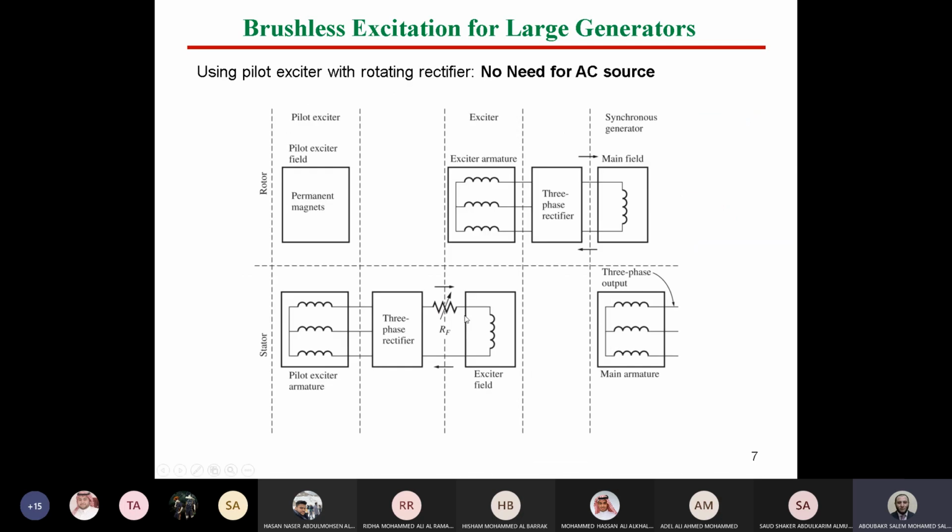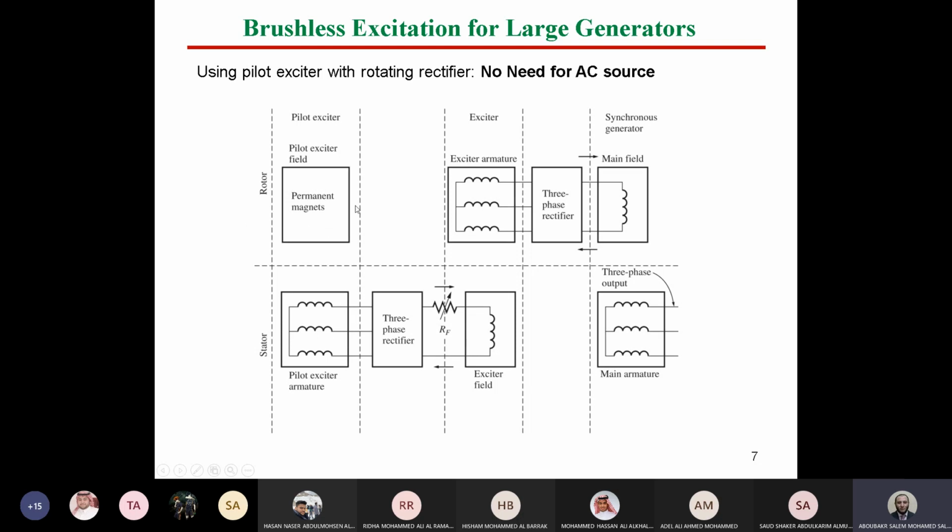So by means of permanent magnets fixed on the rotor side, it will rotate and generate induced voltage on this pilot exciter armature winding. After that, we can take this three-phase supply, convert it by means of a rectifier, and continue the excitation procedure. So the difference between this system and the previous one is that here we don't need an external supply, because we generated the supply using permanent magnets.